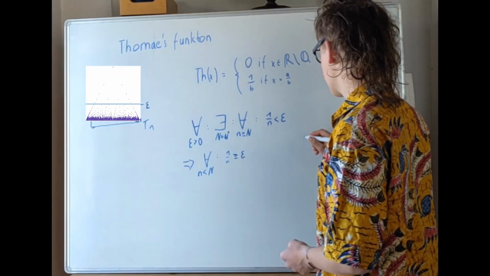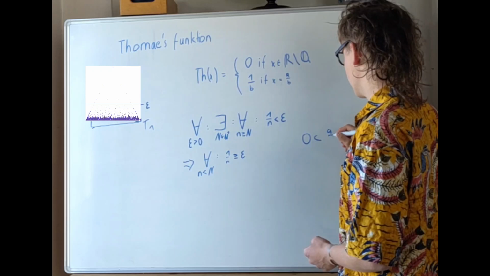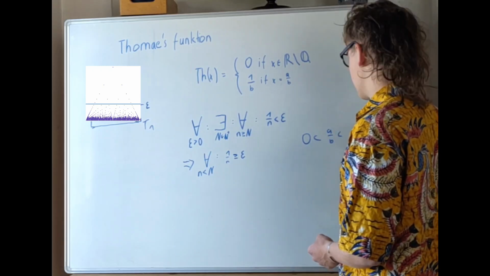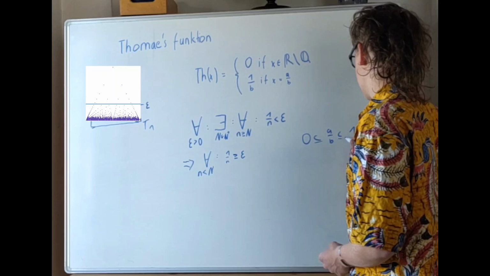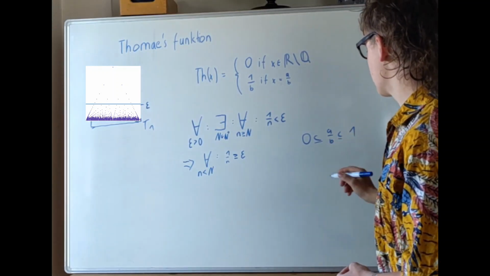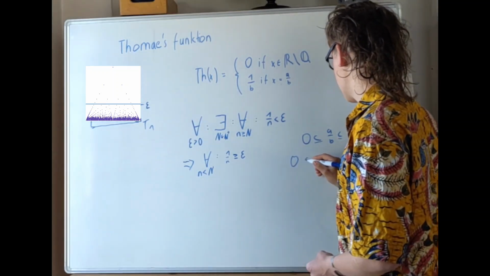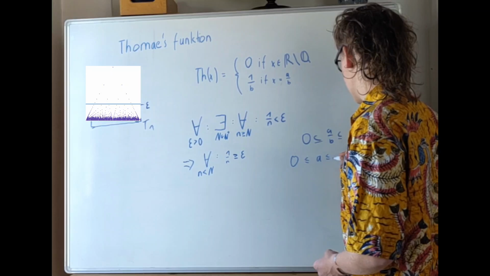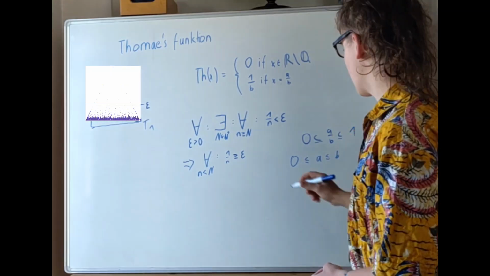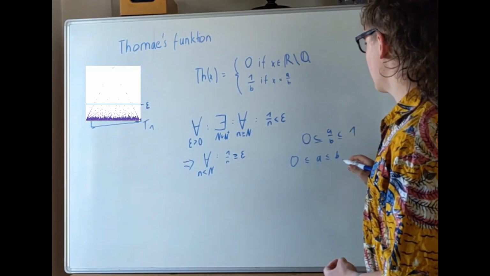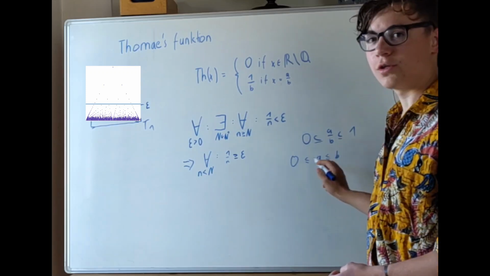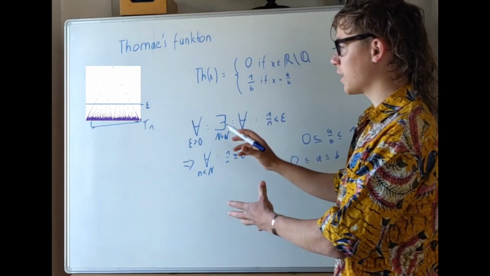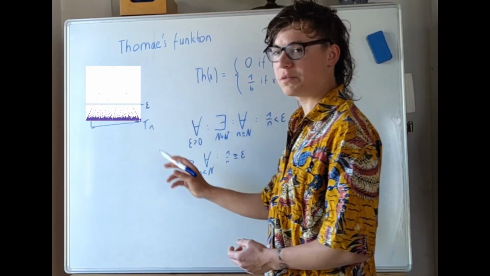Well, we have, of course, that 0 is smaller than a over b, smaller than 1, because these are just our bounds. So then we get that 0 is smaller than a, smaller than b, but our n here is just the b values. It's 1 over b, right? And that means that our a is also bounded. So there are still finitely many points that are above this epsilon line.